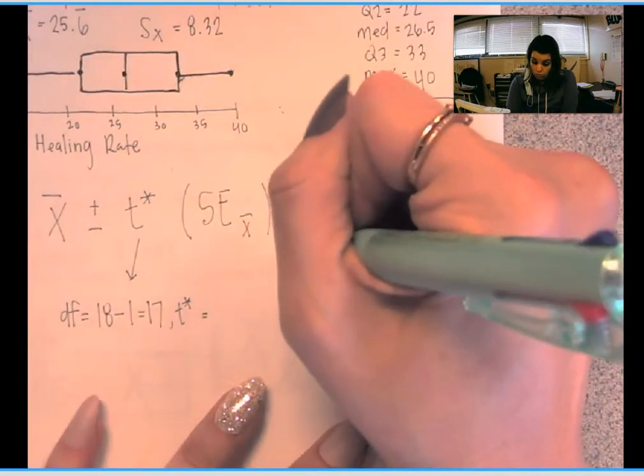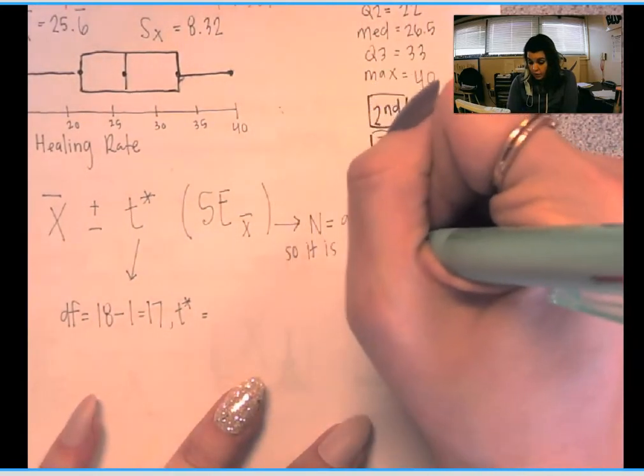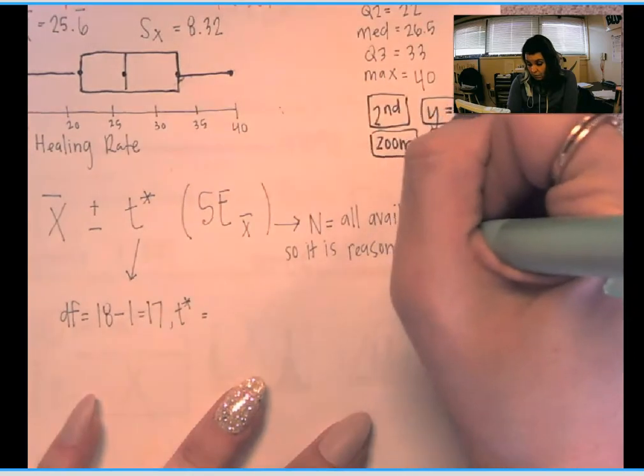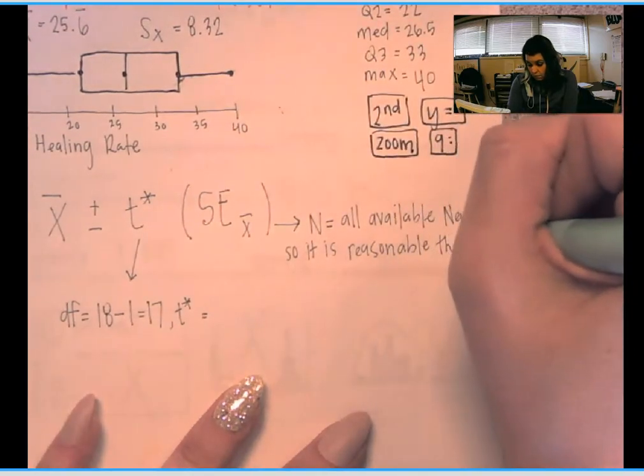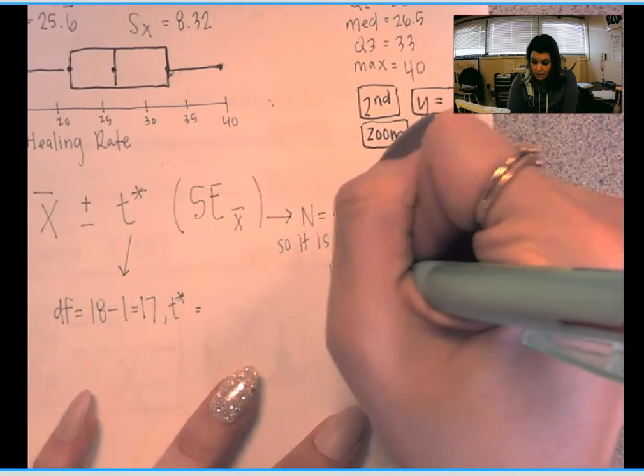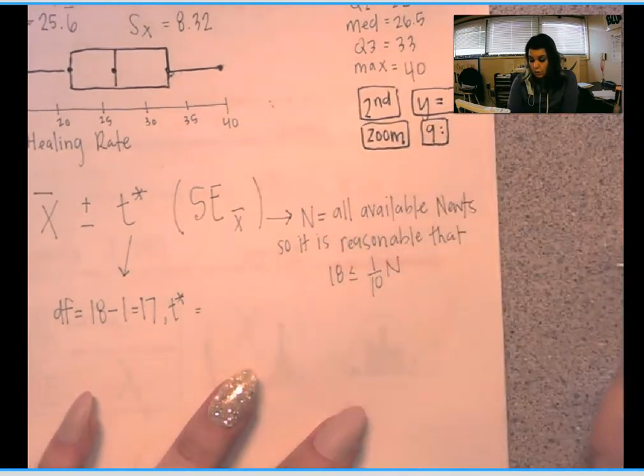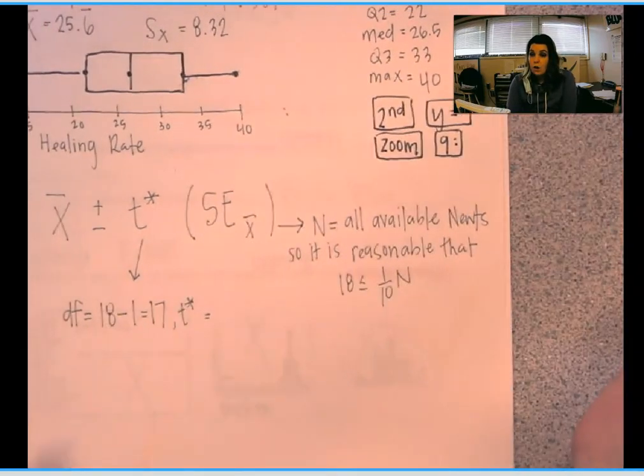So it is reasonable that 18 is less than or equal to 1/10 N. Hopefully, these biologists are going to the body of water that these newts live in, and there are 180, at least, newts in this body of water. I have no idea, though, so I'm just going to say it's reasonable to assume and get on with my life.